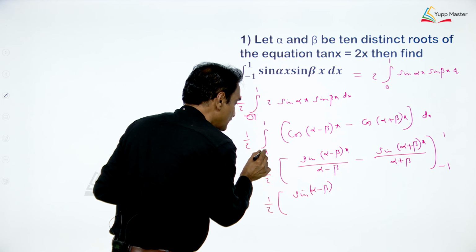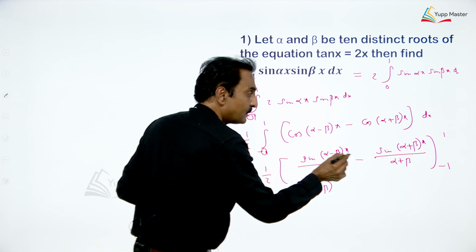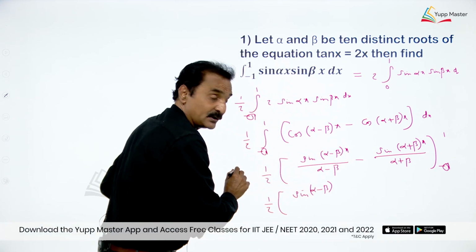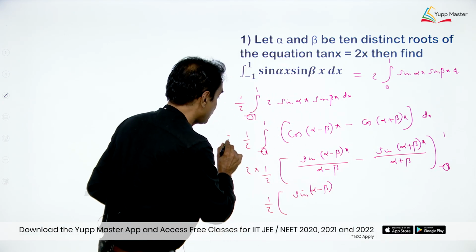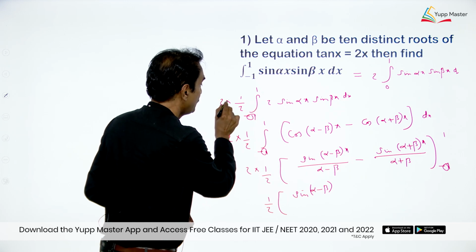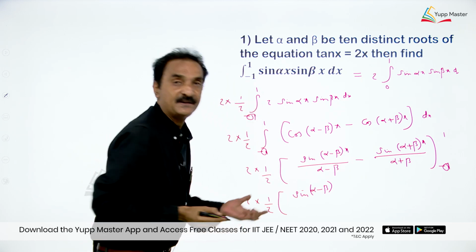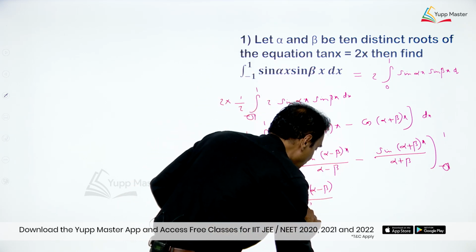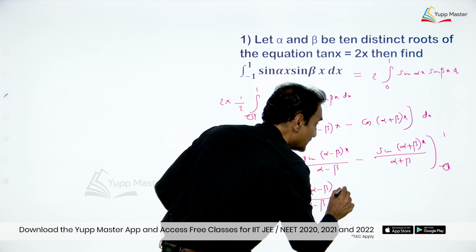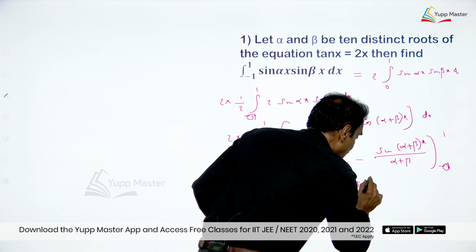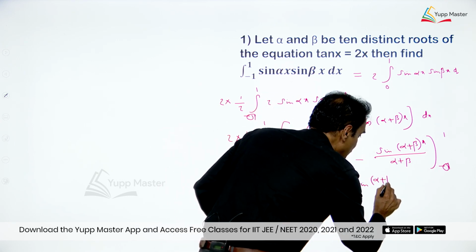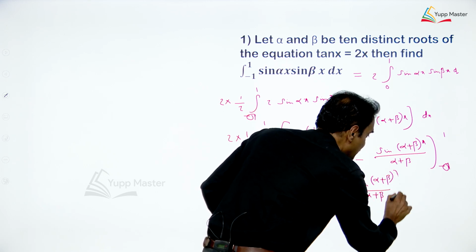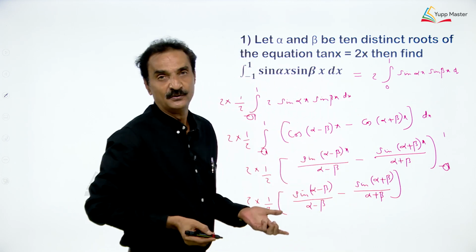These two limits will become 0 to 1 and this 2 will cancel out. Right. So, substituting 1, you will get sin (alpha minus beta) by alpha minus beta minus sin (alpha plus beta) by alpha plus beta, right, and substituting 0, both are 0.